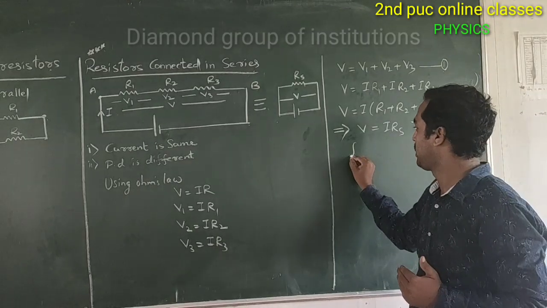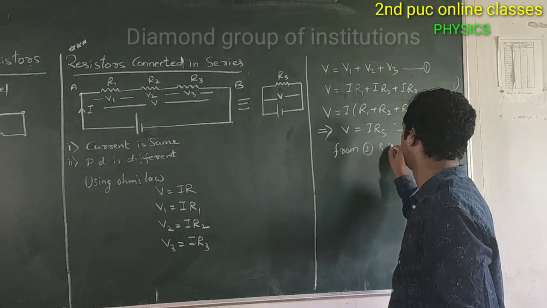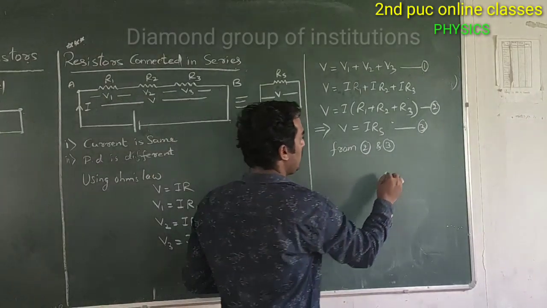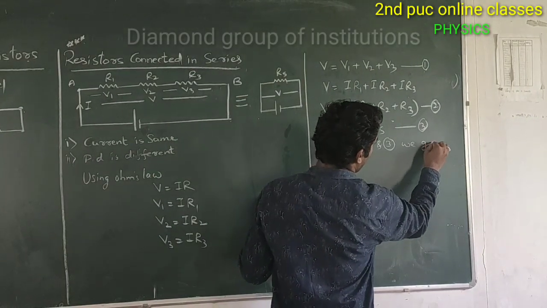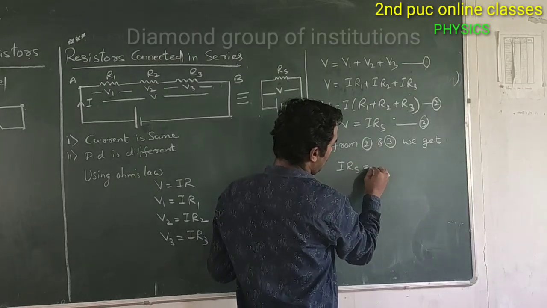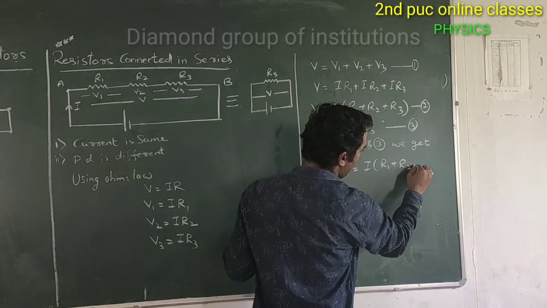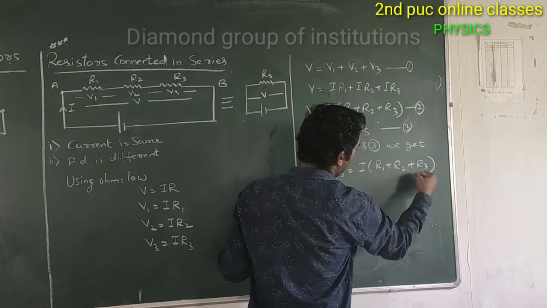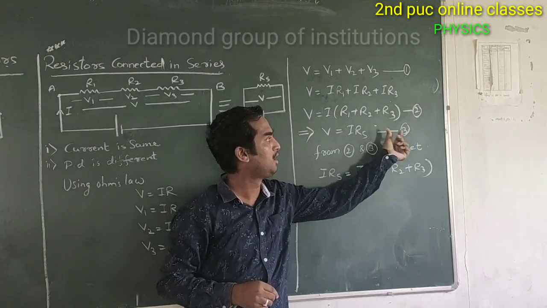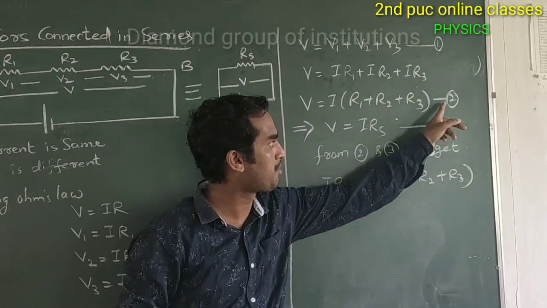If we compare equations 2 and 3, we get I RS equal to I into R1 plus R2 plus R3. I RS is from equation number 3, and I into R1 plus R2 plus R3 is from equation number 2.